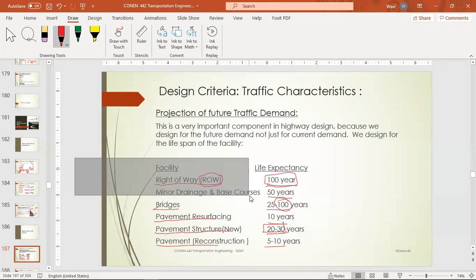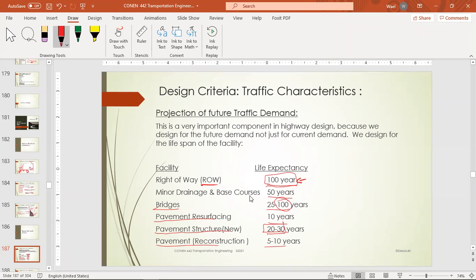If we are talking about just the right of way for a highway, we plan for a life expectancy of 100 years. But it's not necessarily that we build right away on this right of way. We might build a reduced section, but we have an expansion up to our projection for 100 years to come.